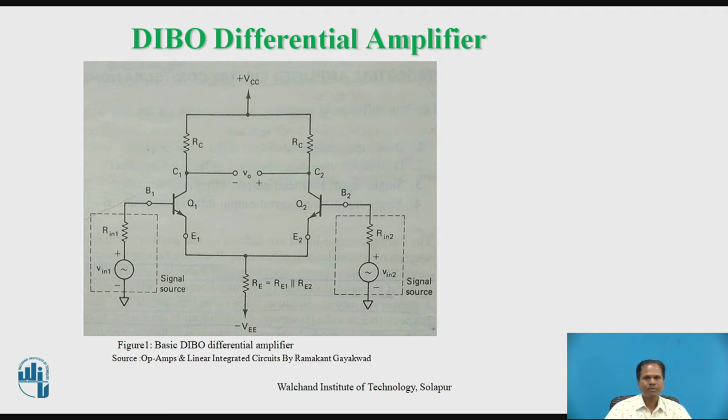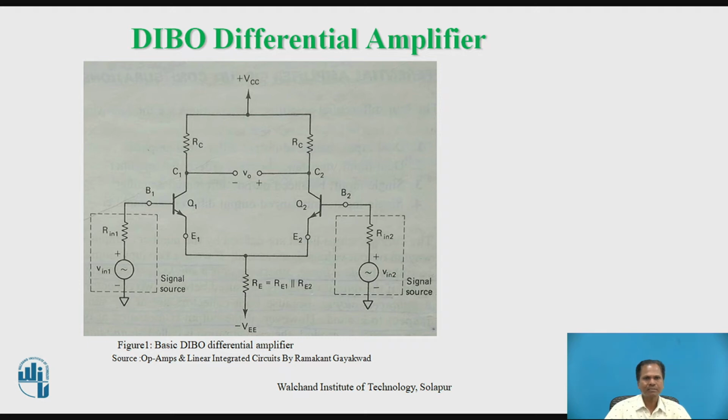For proper working of this differential amplifier, the magnitudes of the biasing voltages plus VCC and minus VEE must be equal and of opposite polarity. The components in each half section of this differential amplifier should be similar to the other half section. So, the circuit should be bilateral symmetrical when the two input signals are applied to the differential amplifier.